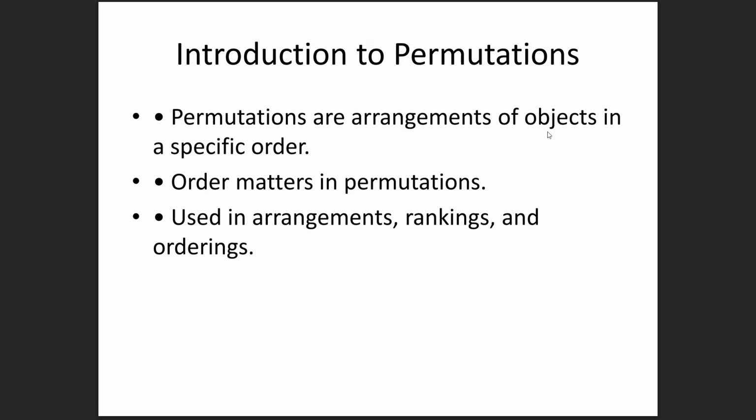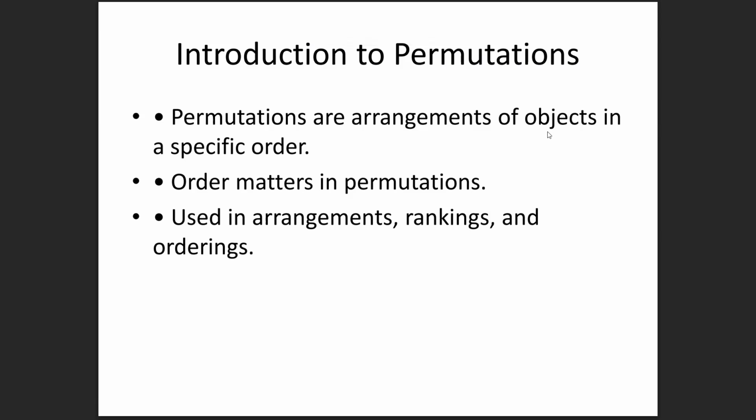Permutation means we are arranging some objects. We need to arrange those objects in a specific order, and for that we need permutations. By using this concept, we'll know how to arrange those objects in a specific order.